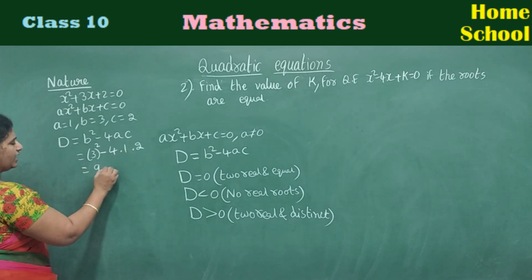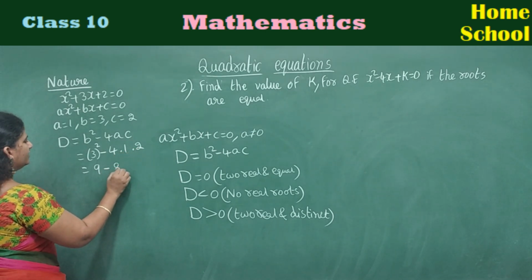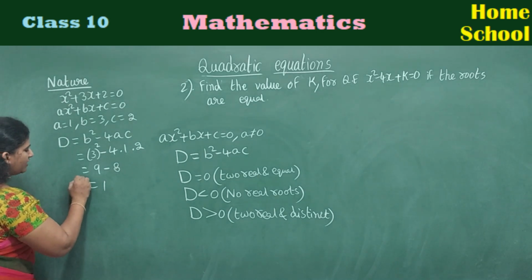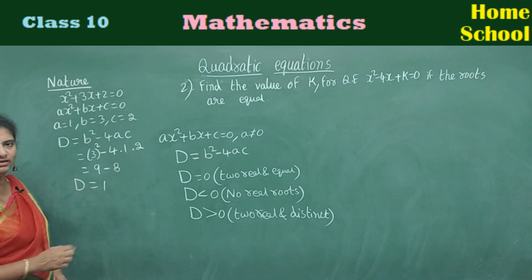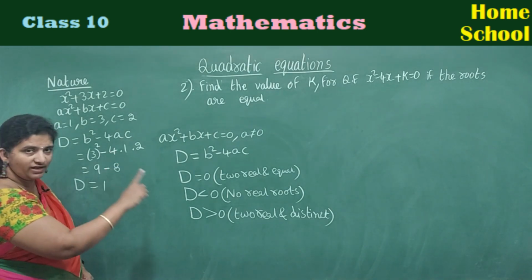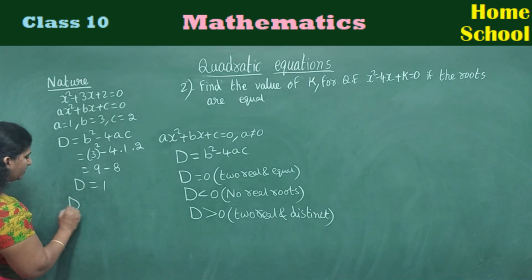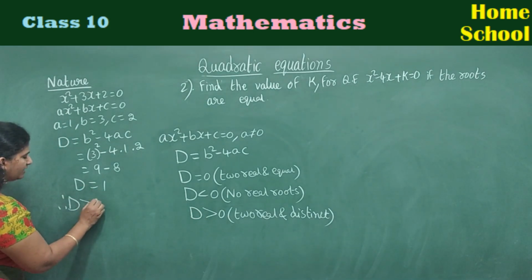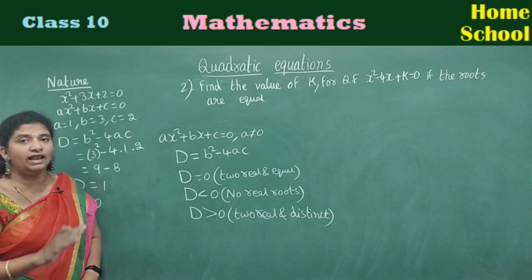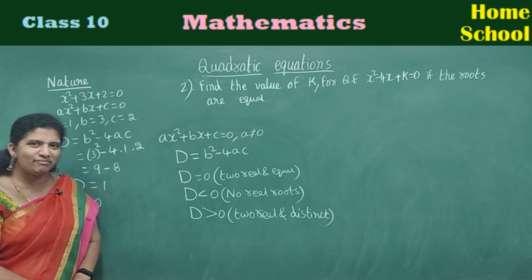3 3s are 9, 4 1s are 4, 4 2s are 8. 9 minus 8 is equal to 1. Discriminant is equal to 1. Discriminant 1, that means what do you need to say here? Discriminant is greater than 0. Therefore, there are two real and distinct roots. What are the two roots? Do you remember?